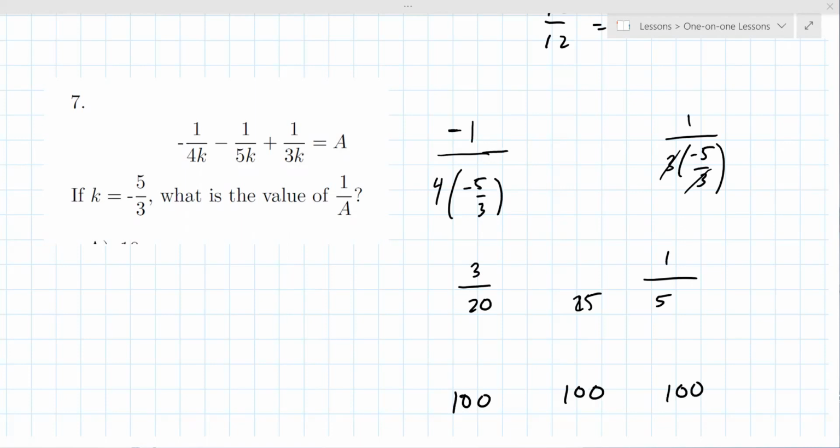Wait, what? That's a really big number. 100 over 7? This doesn't seem right. It seems a little bit too large. So the, nope, that's right. That's right. Oh, really? Perfect. Oh, wow. Perfect. Okay.